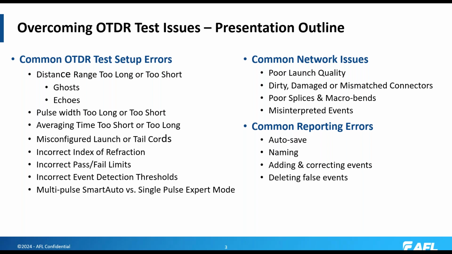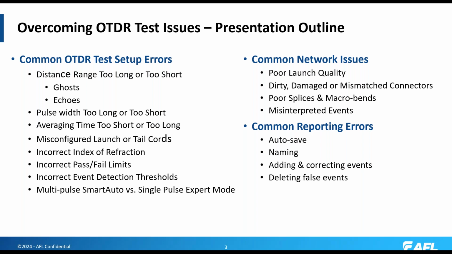In this one, we'll talk about common OTDR test setup errors, and these include the distance range being too long or too short, ghosts and echoes, pulse width or averaging time too long or too short, misconfigured launch or tail cords, an incorrect index of refraction, incorrect pass-fail limits, incorrect event detection thresholds, and then multi-pulse, what we call smart auto, versus single pulse expert mode.